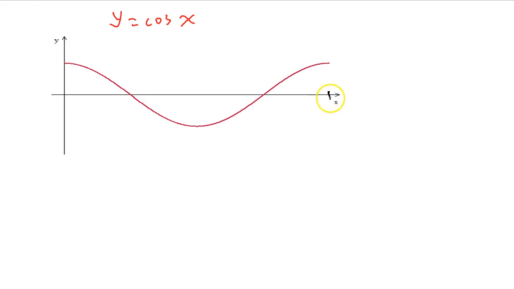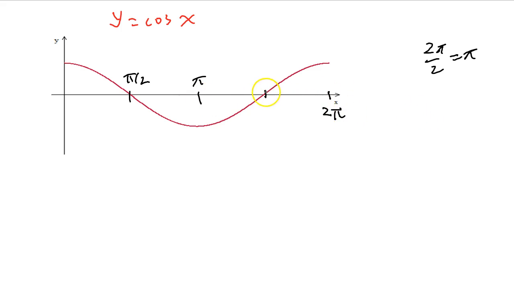So remember that 2 pi is the period of the cosine or sine, and half of 2 pi, 2 pi divided by 2, is pi, so here's pi in terms of radians. Half of pi is pi over 2, and this is the midpoint between pi and 2 pi.